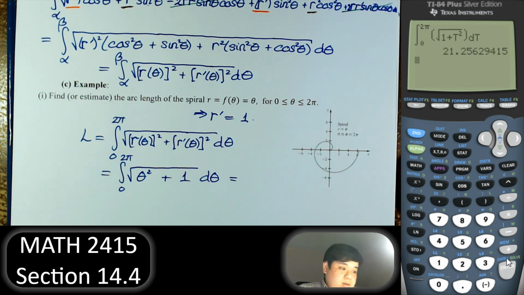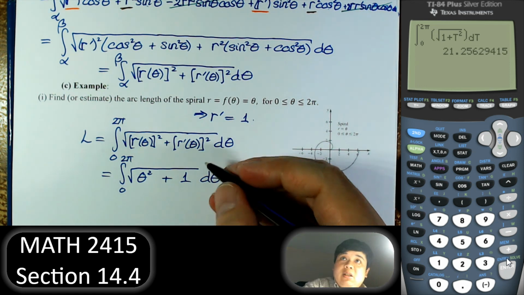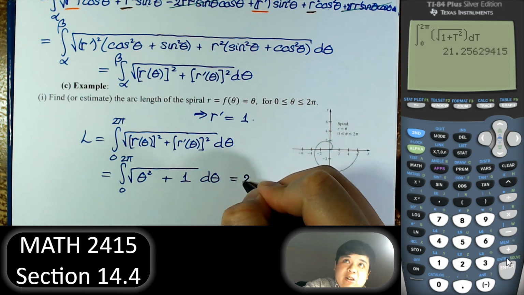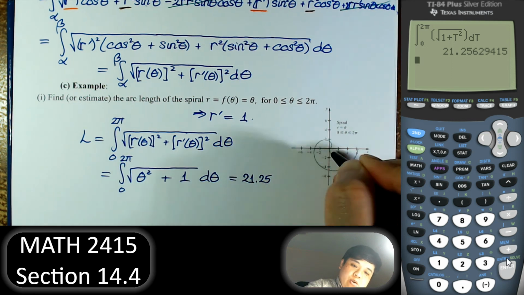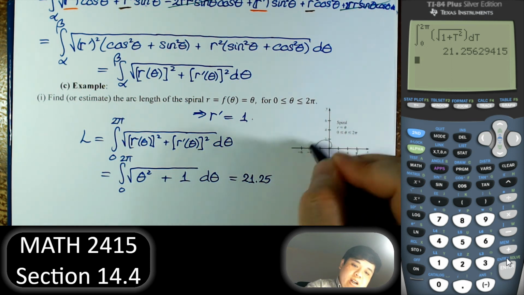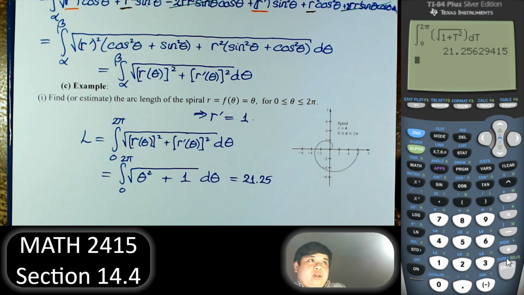So about that much. It's just an estimate. So the spiral from 0 to 2 pi is that much. Just an estimate.